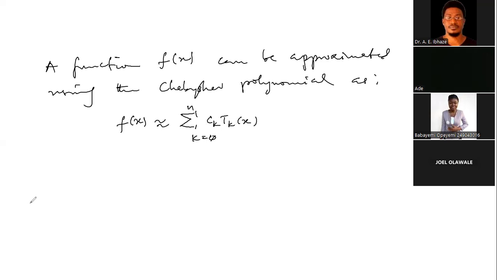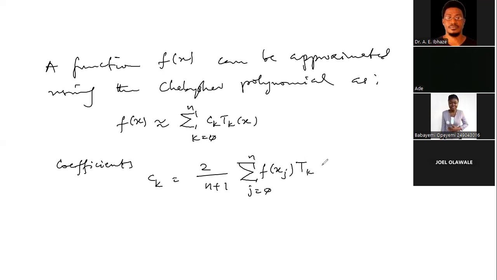And here the coefficients c sub k are defined by 2 over n plus 1, sigma j taking on values from 0 to n, f of s sub j T sub k of s sub j, for all values of k taking on values from 0 to n.